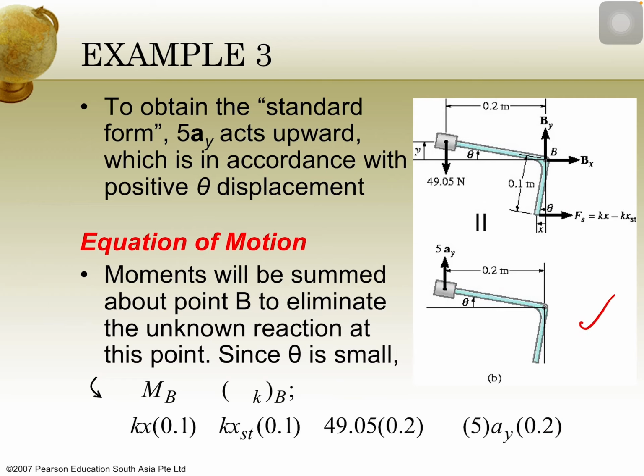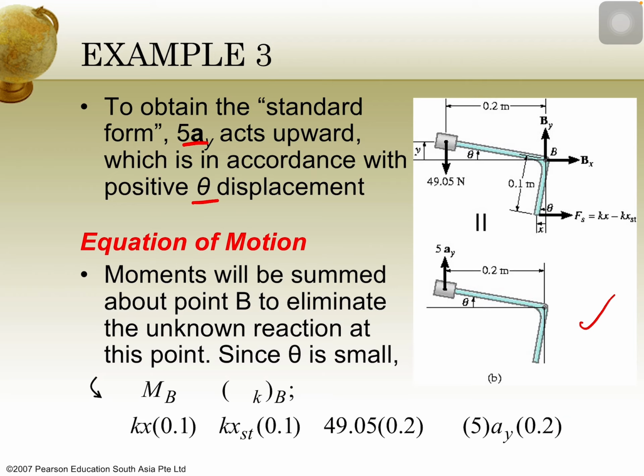Alright, so again, this is a similar diagram, just for reference, to obtain the standard form. Again, a_y is the acceleration in the y direction, upward, which is in accordance with positive theta displacement. So again, acceleration should be positive according to the positive displacement.